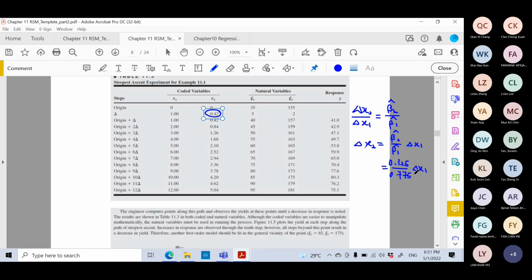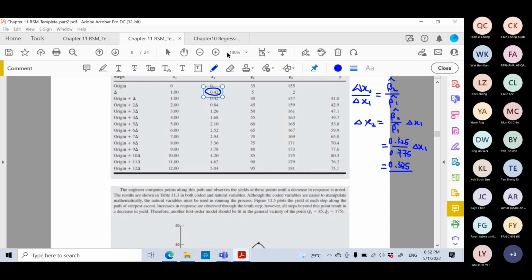If our delta x1 is 5 minutes, if every step is 5 minutes, then delta x1 is equal to 1 here. So you will have 0.42.